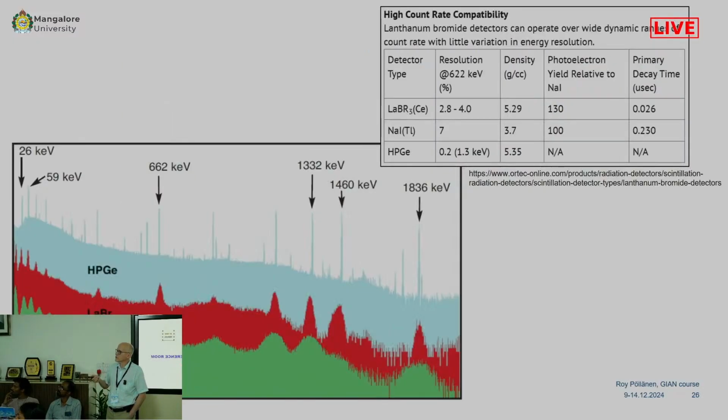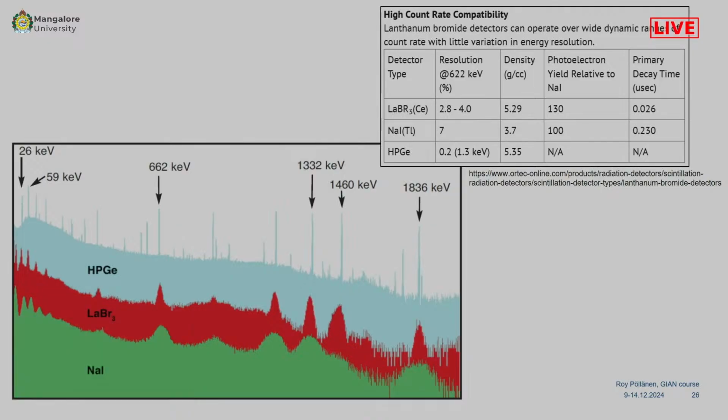All right, now you can see spectra from different types of detectors. At the bottom, the green one is the sodium iodide detector. I guess the source was cesium-137, it's this energy, and cobalt-60 here. And this is, I think, yttrium-88.